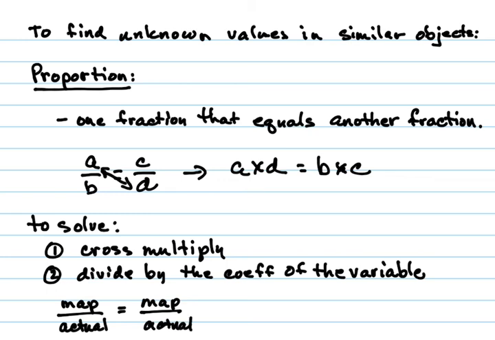For scale for similar figures, remember it's new over old. So if you put new over old on that side of the proportion, it has to be new over old on this side of the proportion as well. Okay. Well, that's a scale on a map, and we'll look at some examples of where those numbers come from. So you have a number on a map, like centimeters on a map equals so many kilometers in the real world.